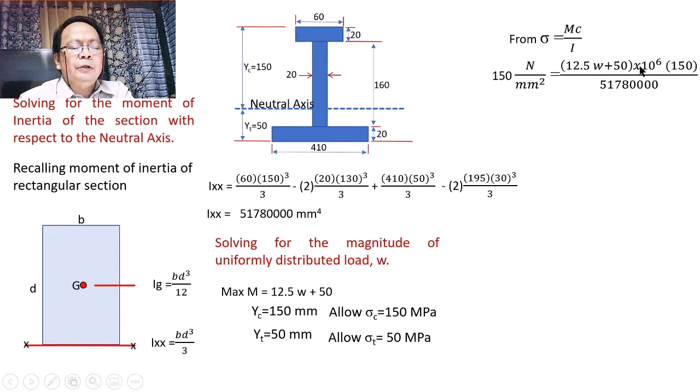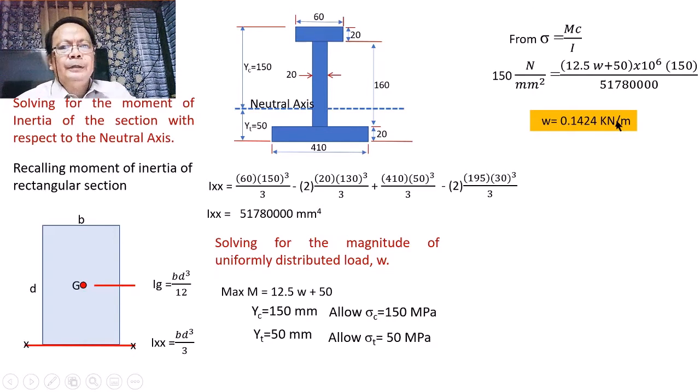Para Newton millimeter ito, this will be millimeter, this will be millimeter to the fourth. You will notice that every unit will cancel. Ang matitirang unit will be the unit that's being carried by W, which is in kilonewton per meter. And so we shall be able to solve for that W, and W will be equal to 0.1424 kilonewton per meter. Okay?